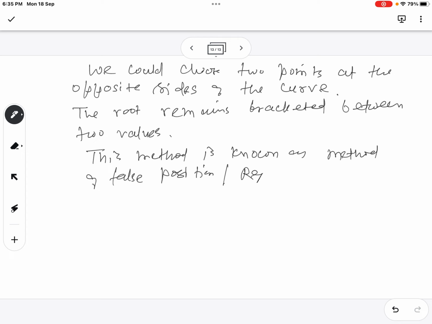It is also known as regula falsi method, Latin, and also known as linear interpolation, and we shall talk about this in the next video.